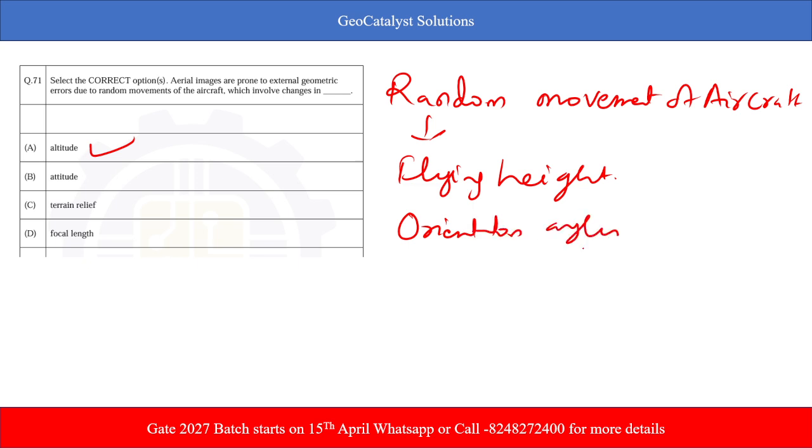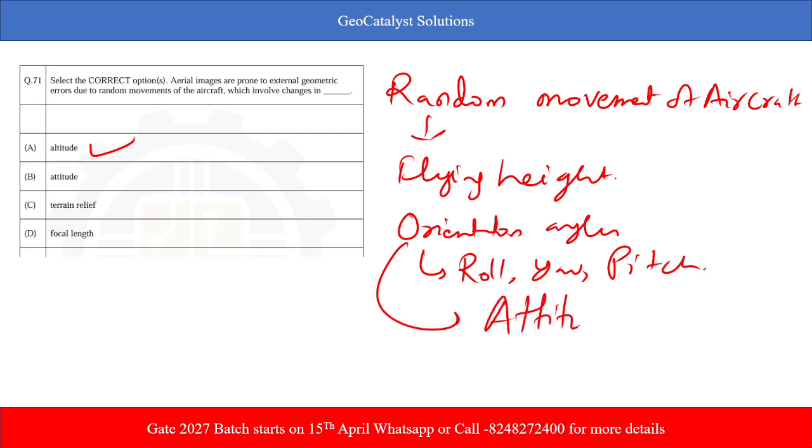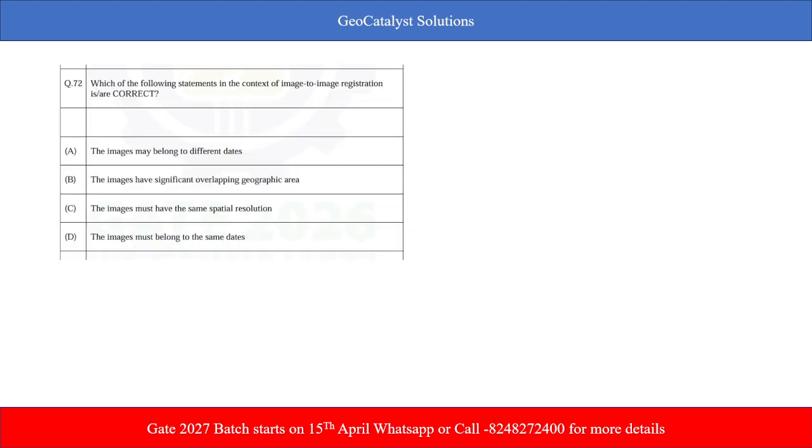Orientation angles, by that I mean roll, yaw, pitch. Any can change. So this together we call attitude. So altitude and attitude will be the answer. Okay, and terrain relief and focal length, those don't affect aircraft motion. Okay, so the answer will be A and B.